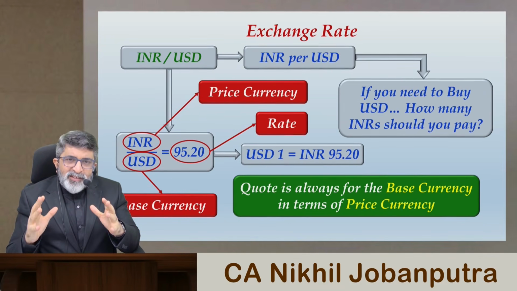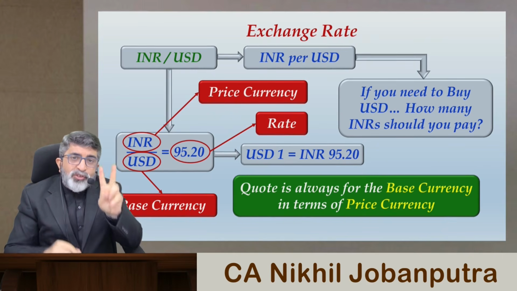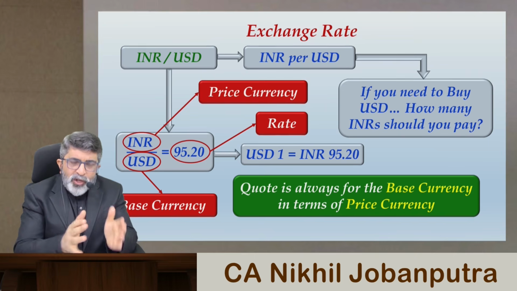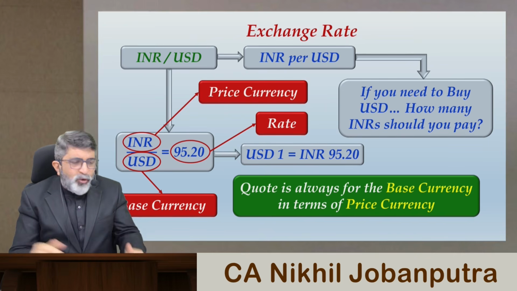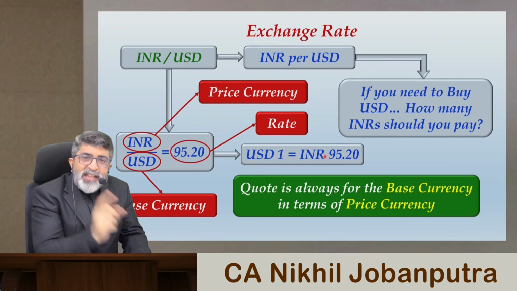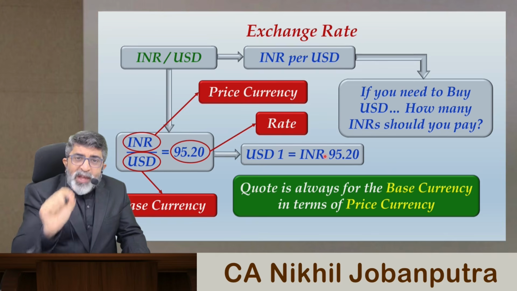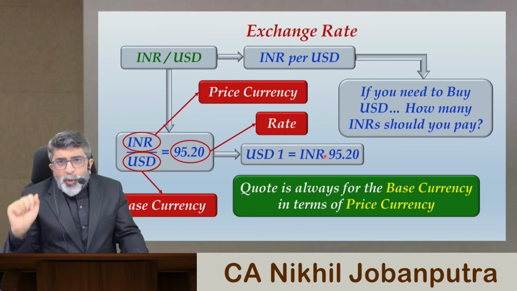Once you have taken note of this entire thing, let me take you a little deeper. Here in this exchange situation, you are trying to exchange two currencies, US dollar with Indian rupee. These are the two currencies present in this equation, and the equation highlights USD 1 equals INR 95.20.